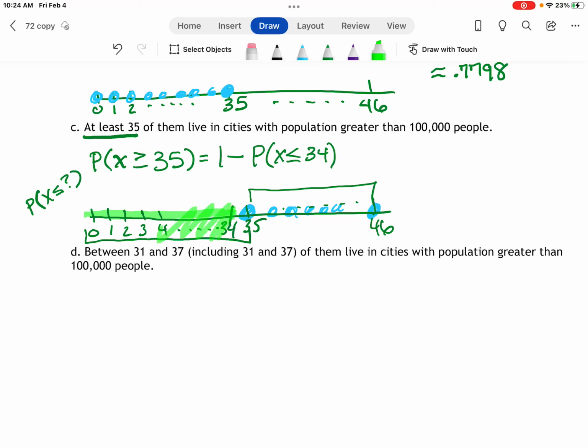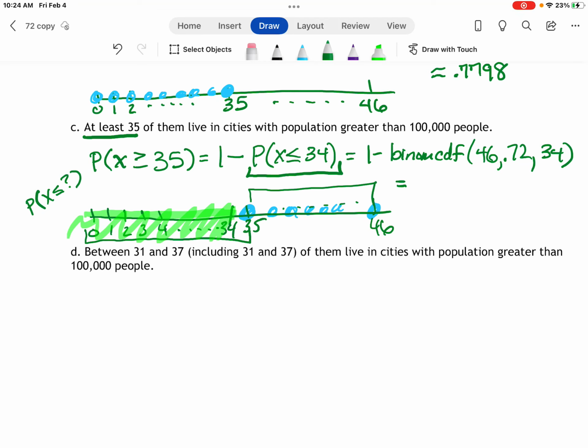All of these are subtracted off, and what I'm left with is 35 to 46, which is what we want. So on the calculator, I'm going to put 1 minus binomial CDF, because we're calculating more than one value. I'm going to put in 46, 0.72, and the at most value, which is 34.